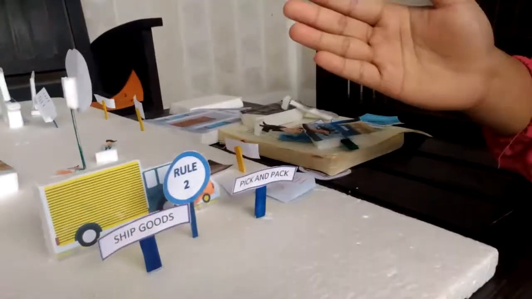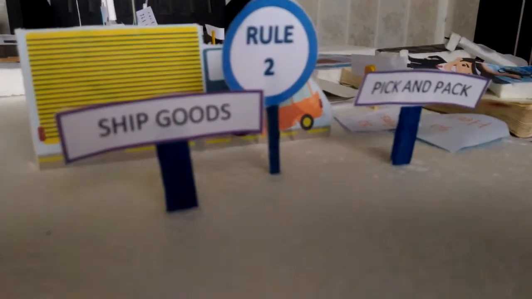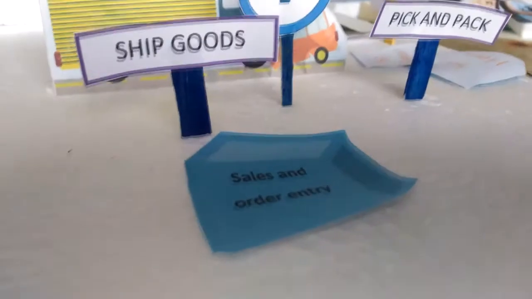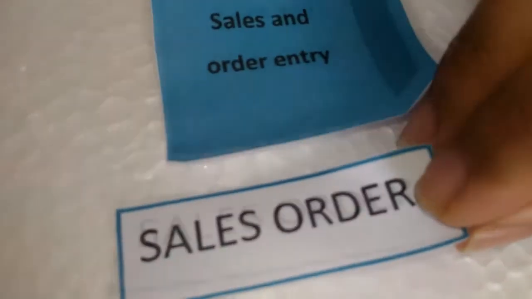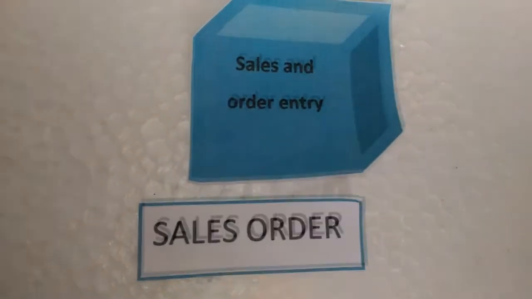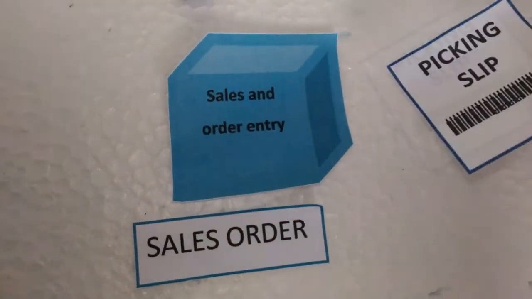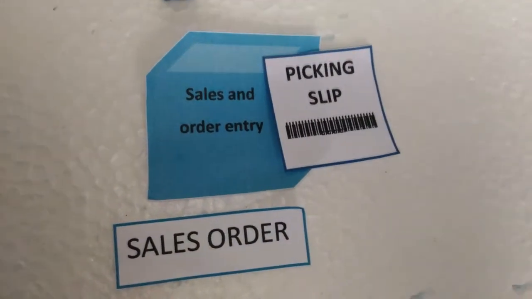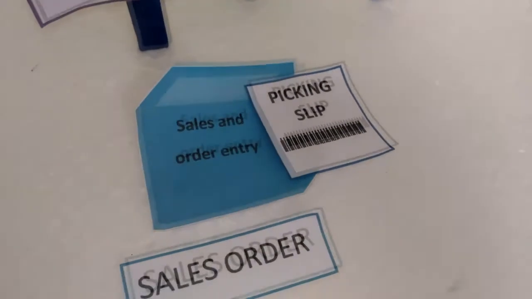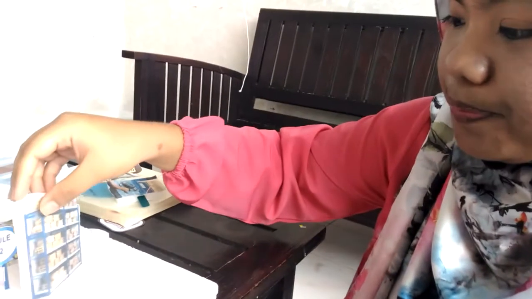In shipping there are 2 steps. The first is picking and packing the order, and the second is shipping the goods. We know that in sales order entry we have the sales order data, and sales order entry also creates a picking slip or picking ticket. The picking ticket is used by warehouse workers to identify which product and which quantity to remove from the inventory.